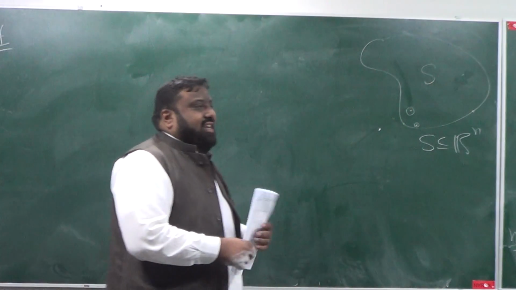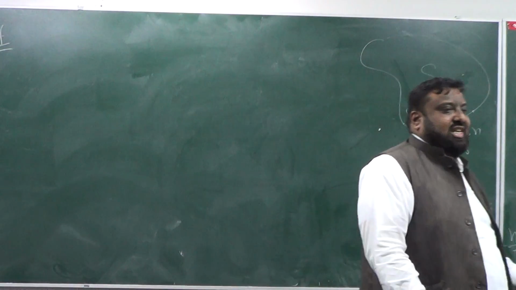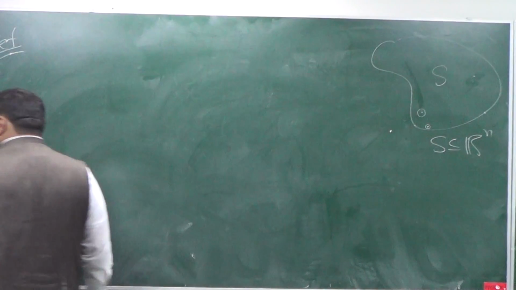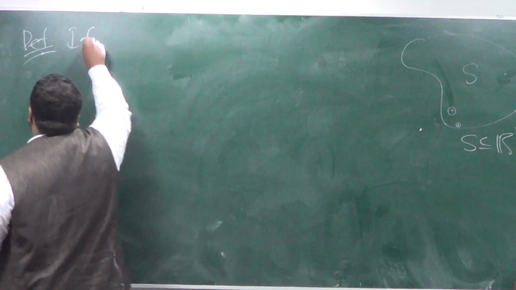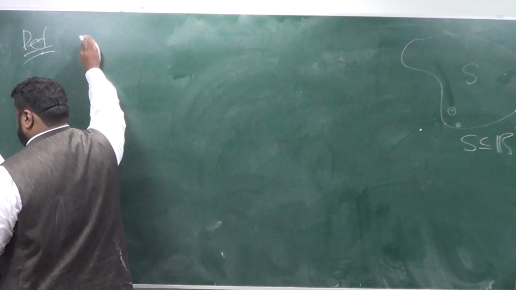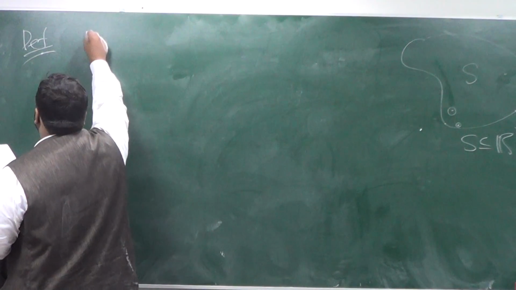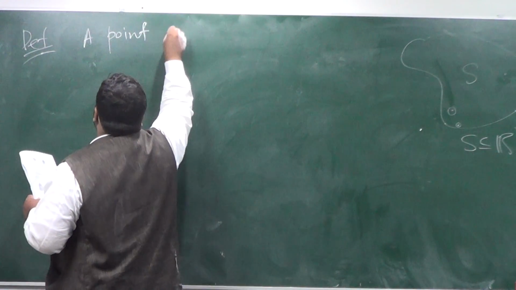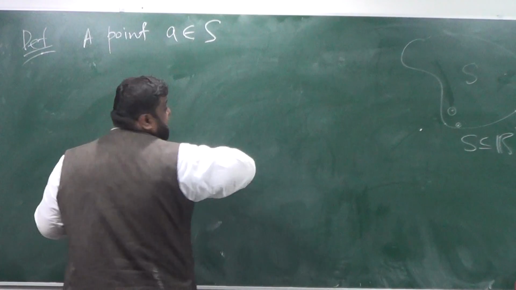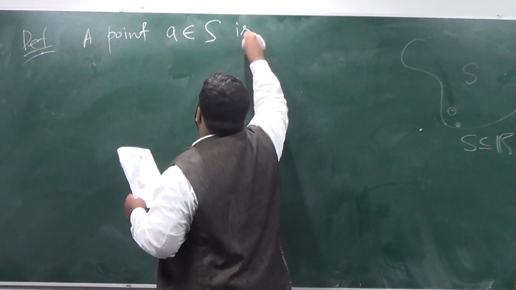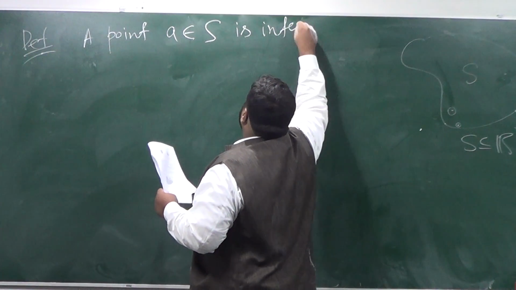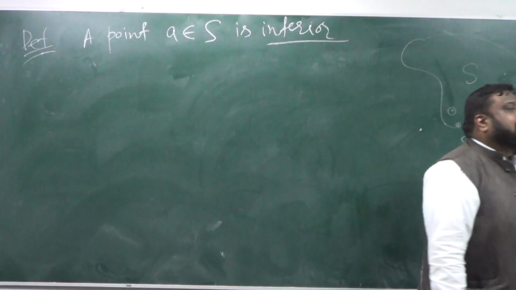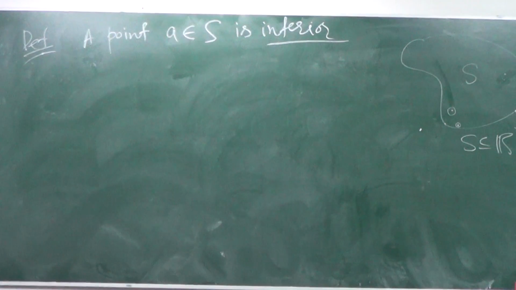So what we just said, let's try to put it in the form of a precise definition. We say that a point A in S is interior. By the way, this interior has a technical meaning.